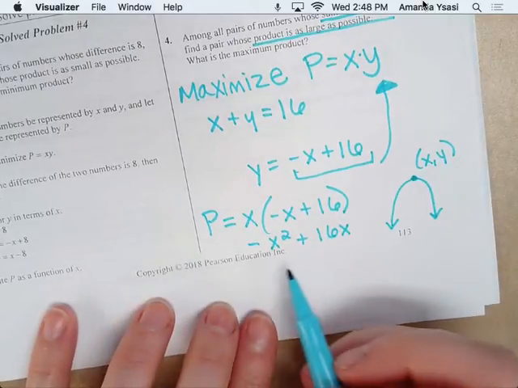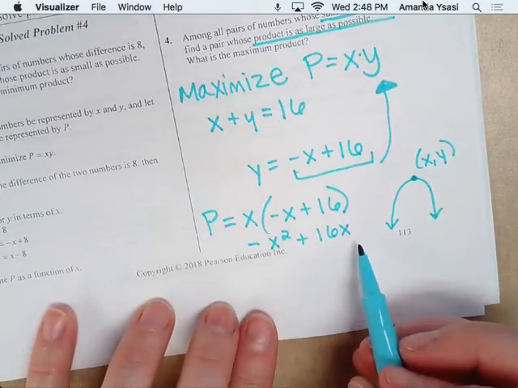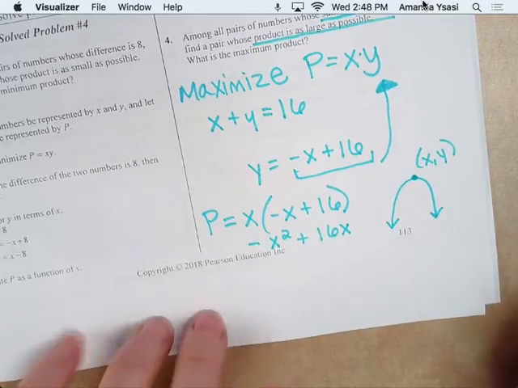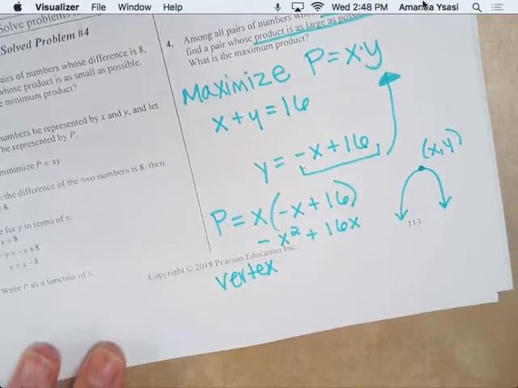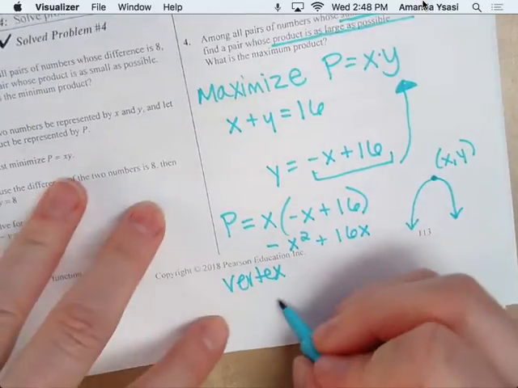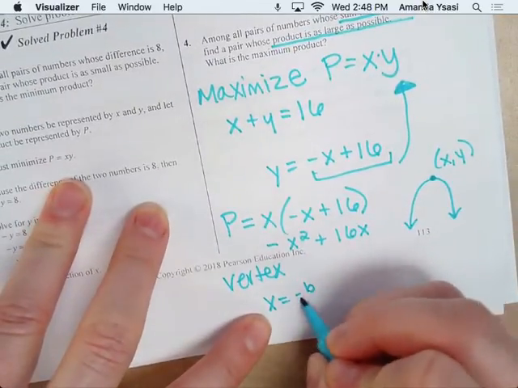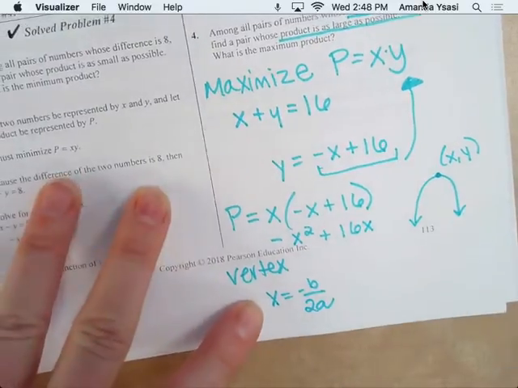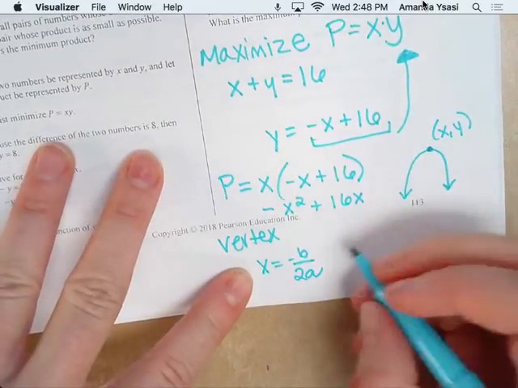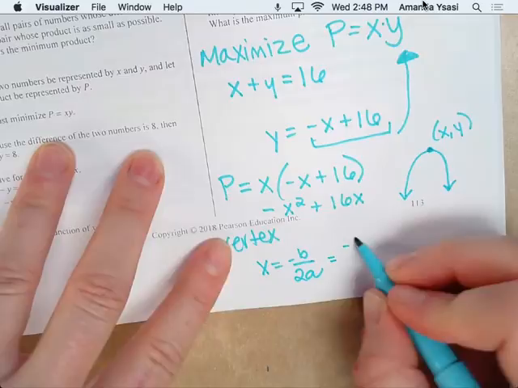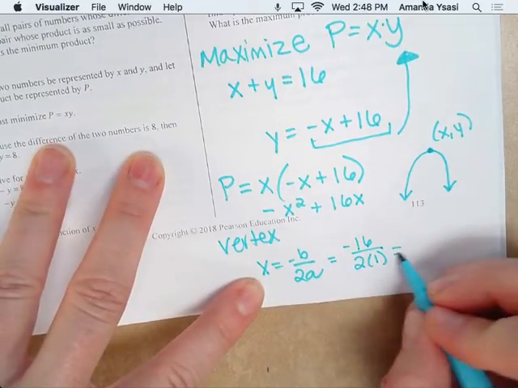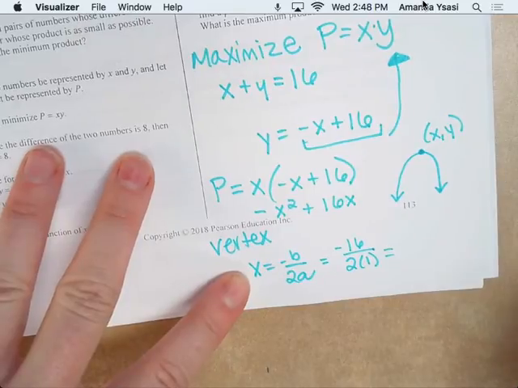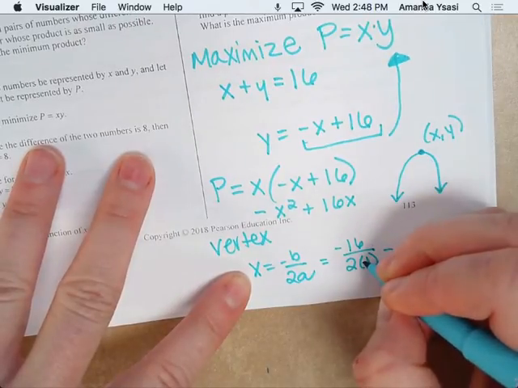So we need to find the vertex. So we're going to do x equals negative b over 2a. So it'd be negative 16 over 2 times negative 1, yep, almost forgot that.